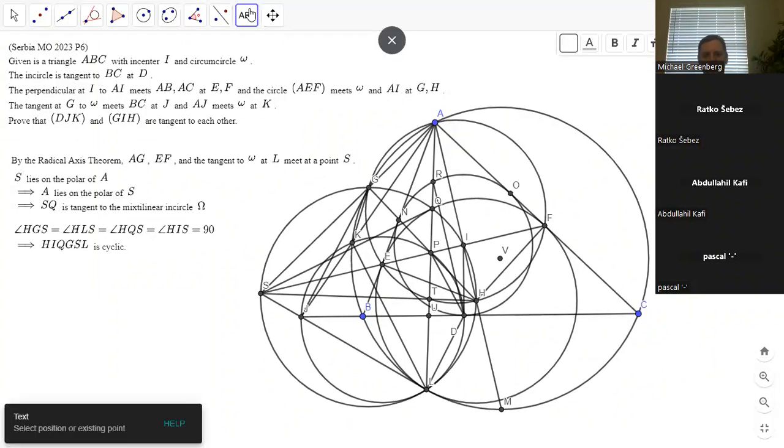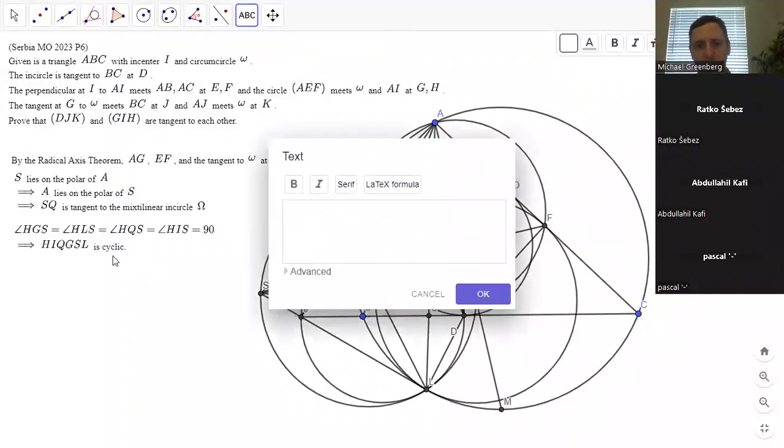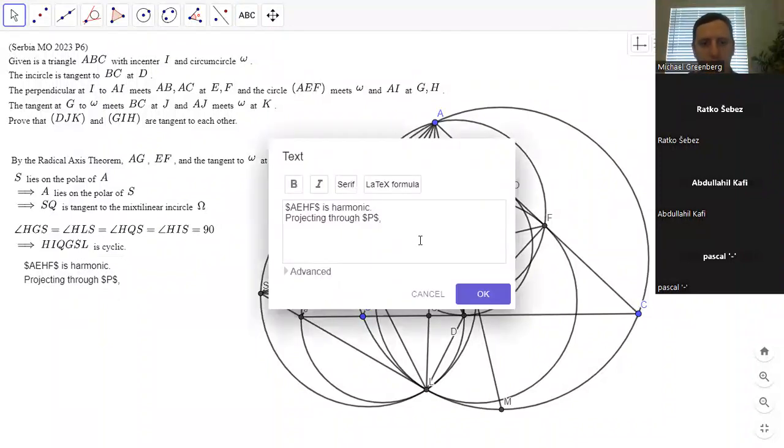So I'm gonna write this up. AEHF is harmonic, and then we project through P. That was to show GBCL is harmonic. So AEHF is harmonic. Projecting through P, then we find GETF is harmonic.